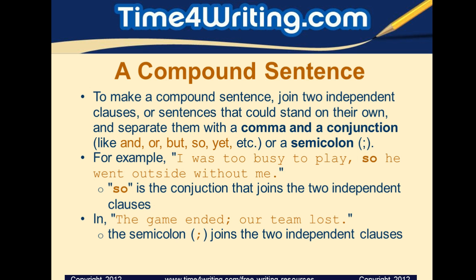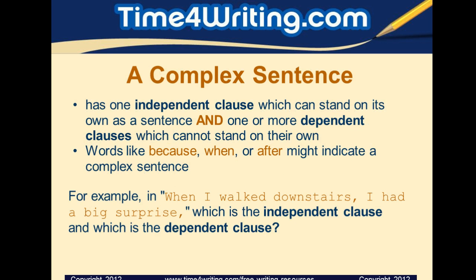The other one that really threw you guys for a loop was the complex sentence, like I mentioned. A complex sentence has one independent clause, which can stand on its own as a sentence, and one dependent clause, which cannot stand on its own.